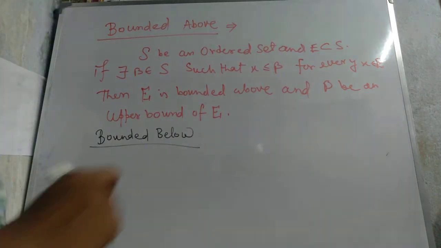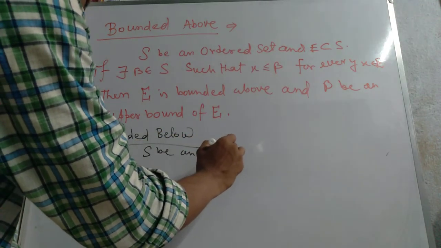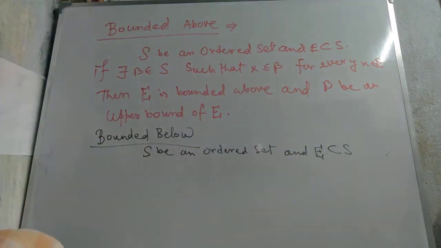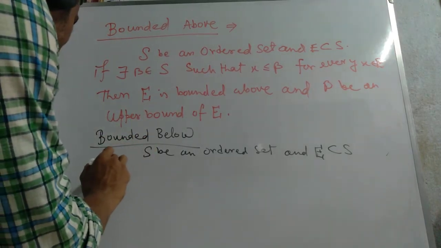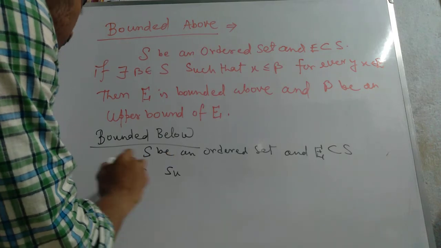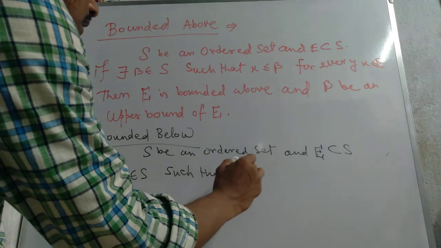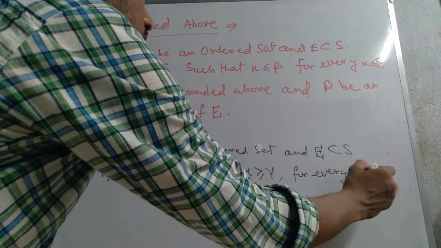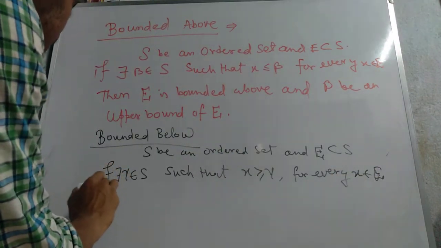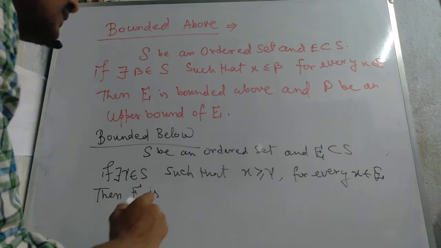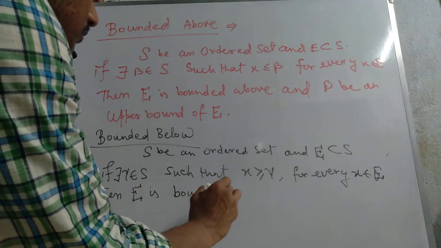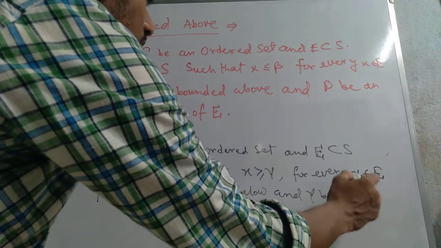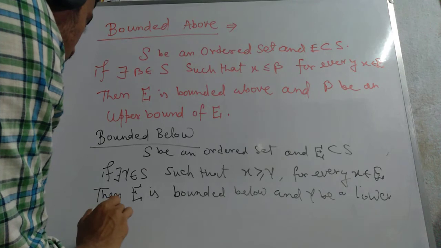We represent it the same way. Let S be an ordered set and E a subset of S. If there exists gamma belonging to S such that x is greater than or equal to gamma for every x belonging to E, then this set E is bounded below, and this gamma is a lower bound of E.